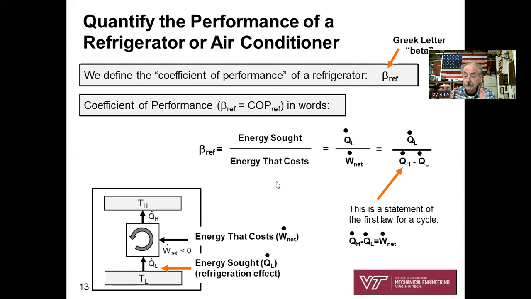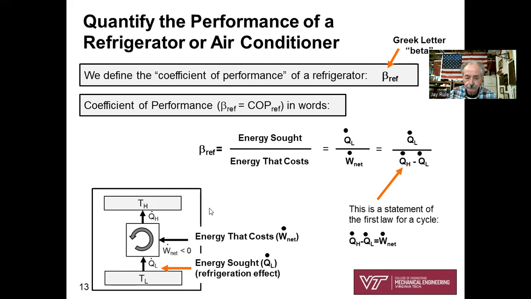Now, here's what I want to suggest. Instead of trying to force yourself to memorize a formula on a formula sheet, go with this. Beta for refrigerators is the energy sought over the energy that costs. For the refrigerator schematic, what are we seeking? We're trying to cool a space, the refrigeration effect. So our energy sought is Q dot L. What costs us?